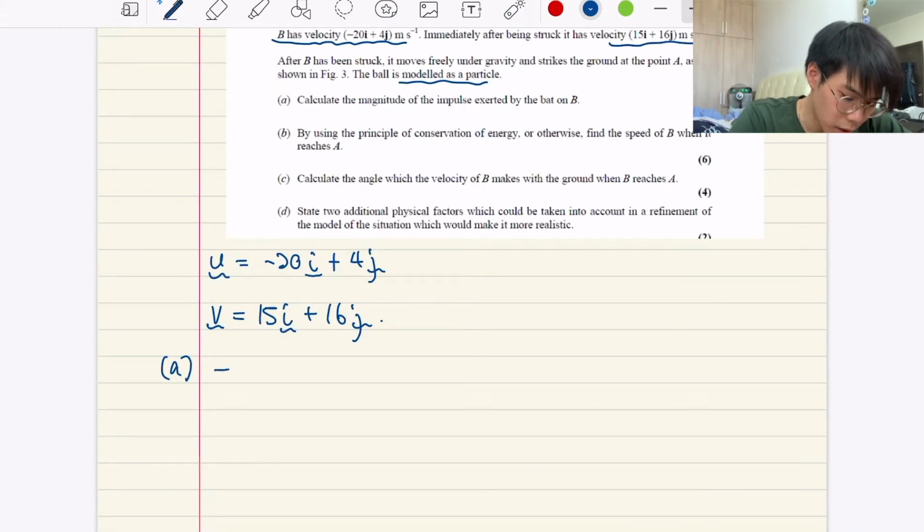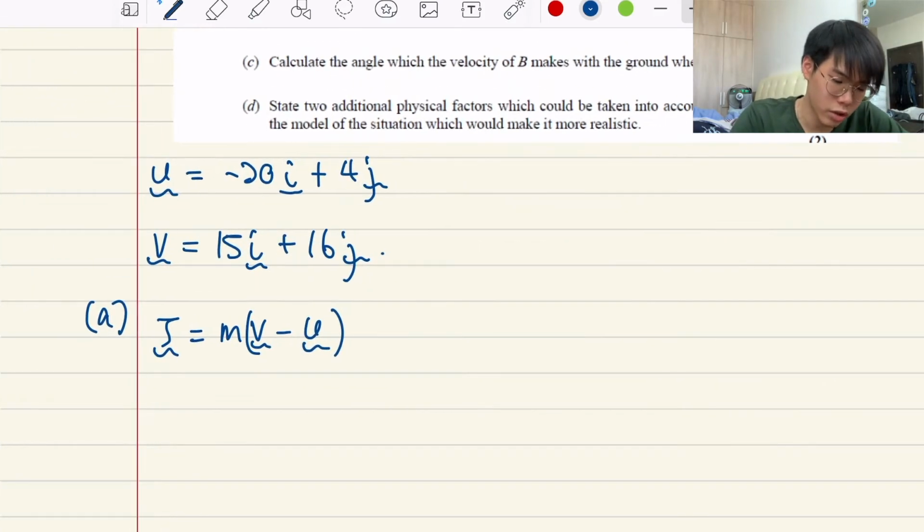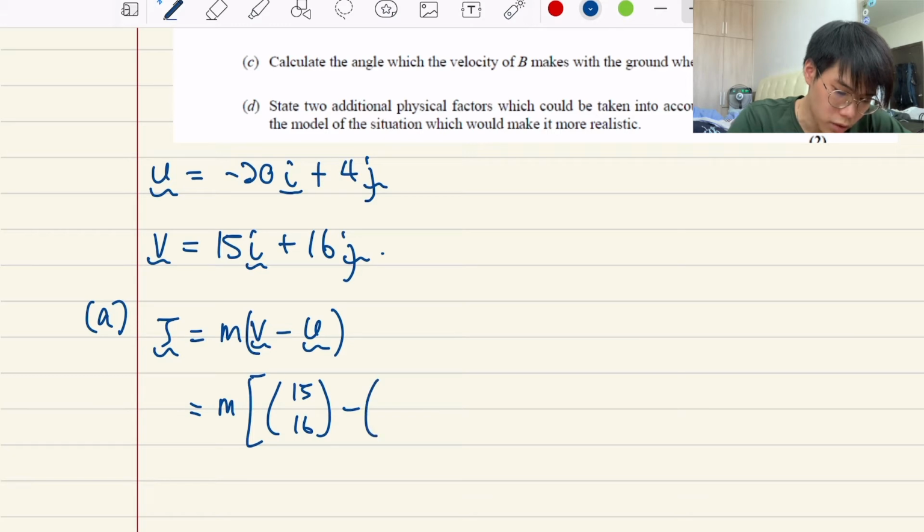We know that impulse is equal to m(v minus u), which is the change in velocity. So m times (15, 16 minus negative 20, 4).